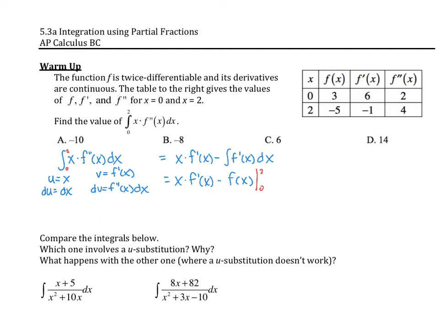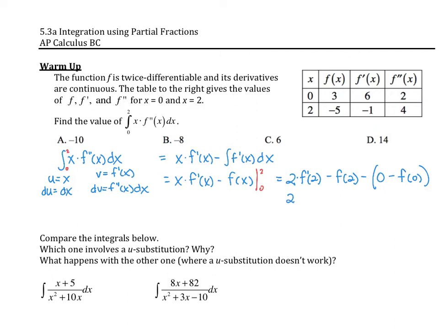Using the fundamental theorem of calculus, we would have 2 times f prime of 2 minus f of 2 minus, and now we'll substitute in 0. Well, that first term will be 0 times f prime of 0 minus f of 0, and now we can make substitutions in from the table.